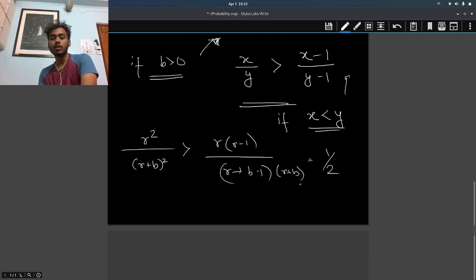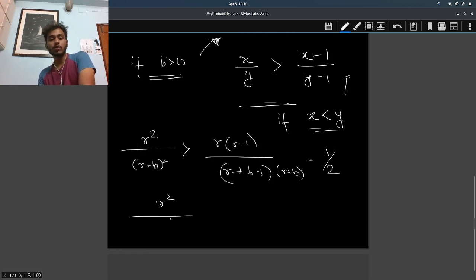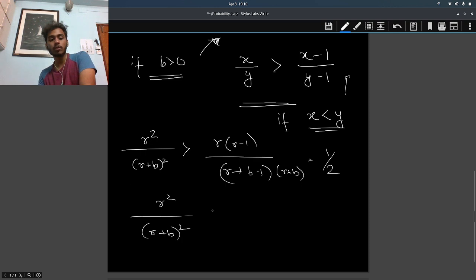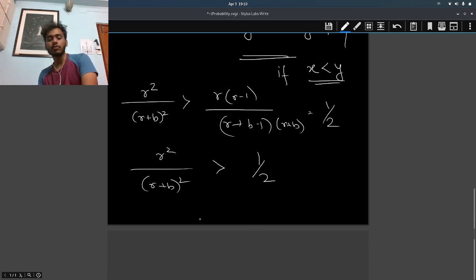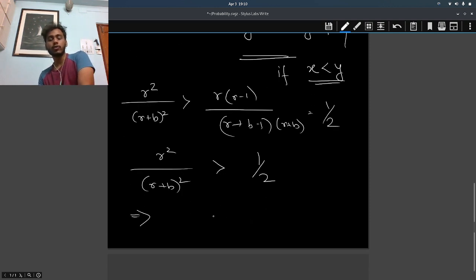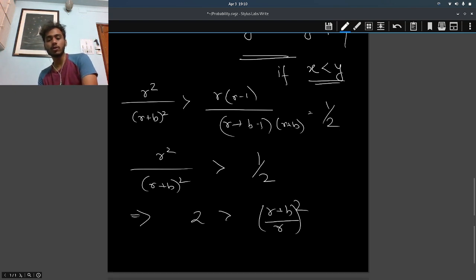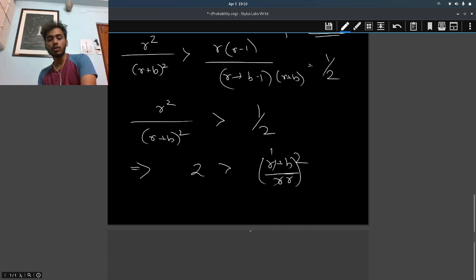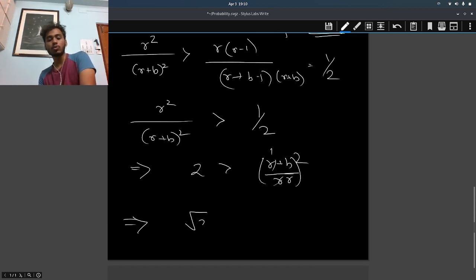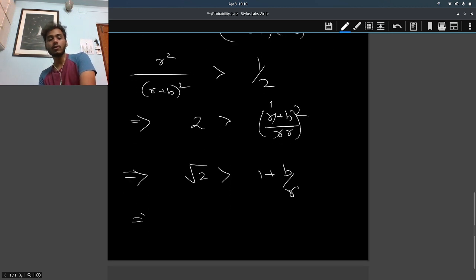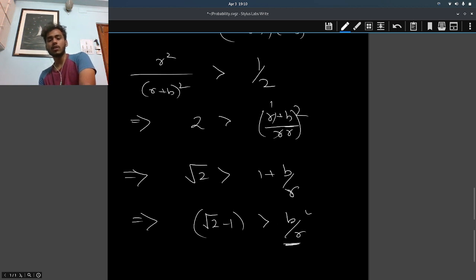So r squared is greater than half of this thing. So 2 is greater than ((r plus b) by r) whole squared, which is (1 plus b by r) squared. So root 2 is greater than 1 plus b by r, right? And hence we can write root 2 minus 1 is greater than b by r. This, I guess you understand.